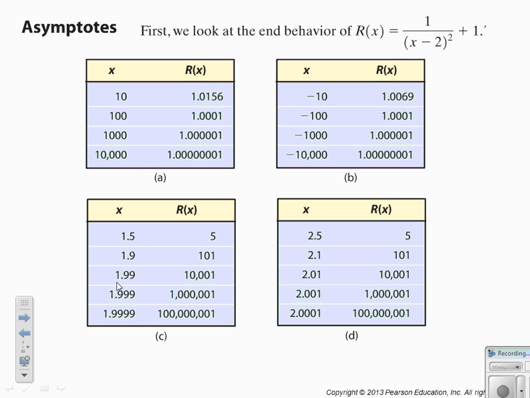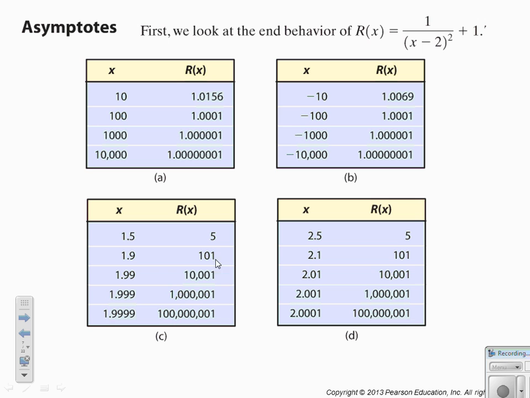Then we look as we approach 2. We know we can't equal 2, but as we approach 2, we get really, really giant. As we get closer to x equals 2 from the left, it skyrockets up.